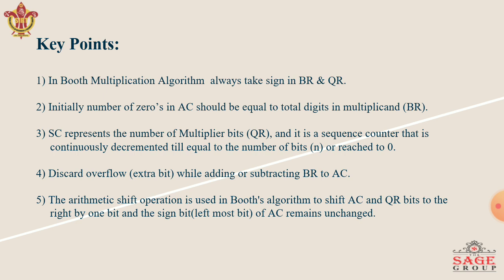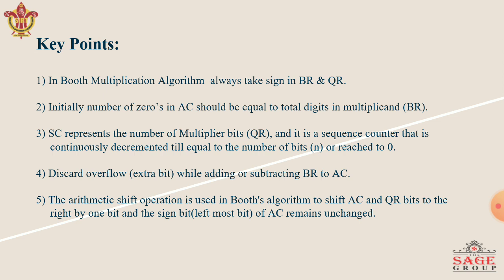Here AC is the accumulator, which stores the initial value, intermediate value or final result. Third point: SC, the sequence counter, represents the number of multiplier bits in QR, and it is continuously decremented until it reaches 0.